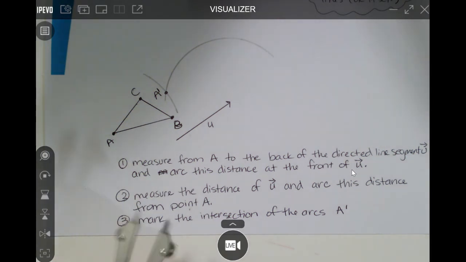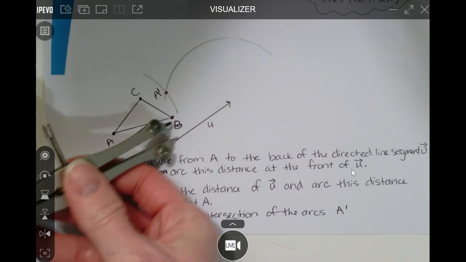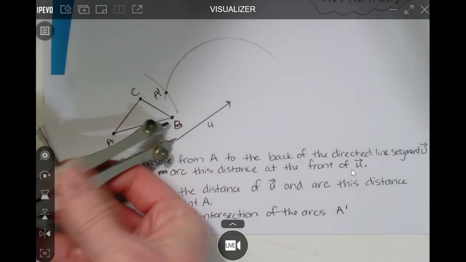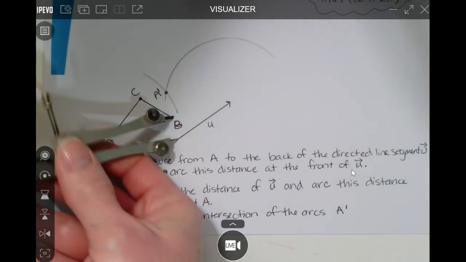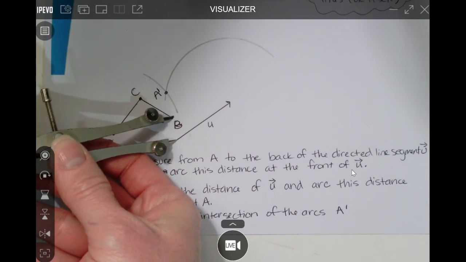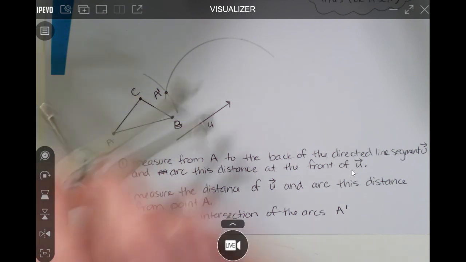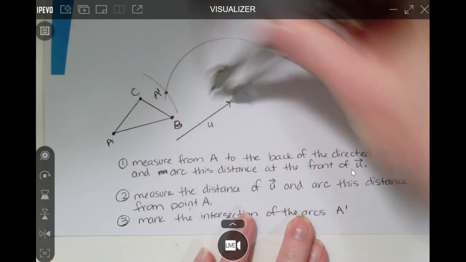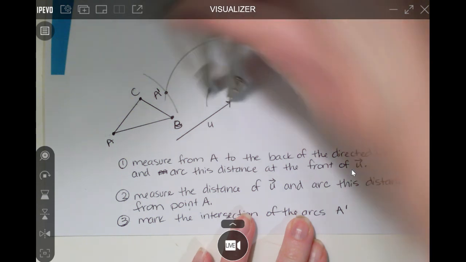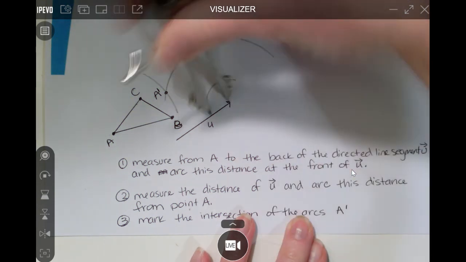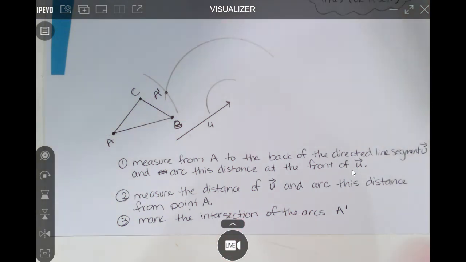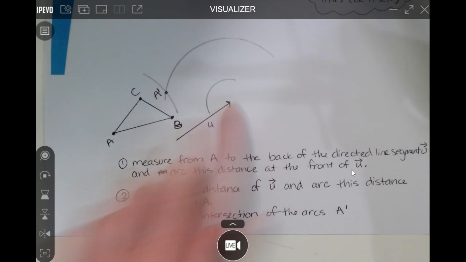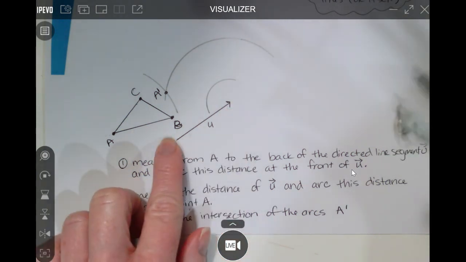I'm going to put my arrow on the back of my vector, and I'm going to put my pencil on B. That's how far B is from the back of my directed line segment U. So now I'm going to move my pointer to the front, and I'm going to mark that arc nice and big. B prime is somewhere on that arc. B prime is the same distance from the front that B was to the back.